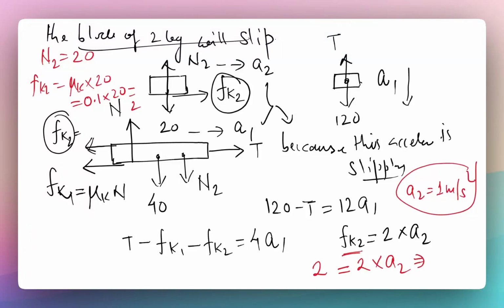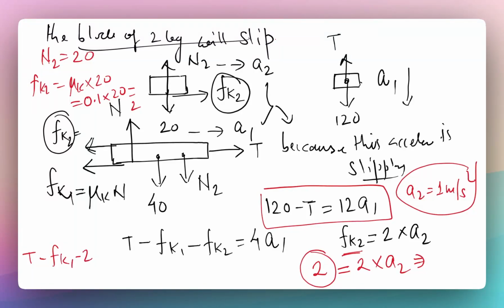Now let's simplify this one and try to make it look less complex first. My Fk2 we have calculated, which is 2 newtons. So this one is going to be T minus Fk1 minus 2, and that's 4A1. I'll take both the equations to the next slide to make it look easy.